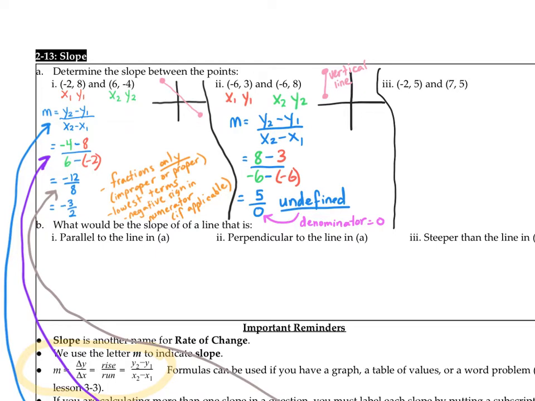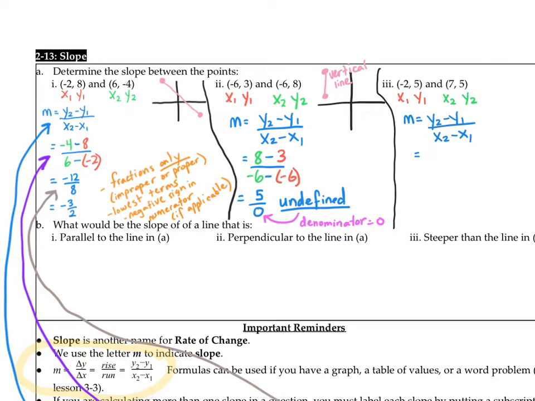Again, we're going to identify our 2 points. This is the x-coordinate of the first point, the y-coordinate of the first point. This is the x-coordinate of the second point, and the y-coordinate of the second point. Use our formula. Always write down the formula first. y2 minus y1 over x2 minus x1.